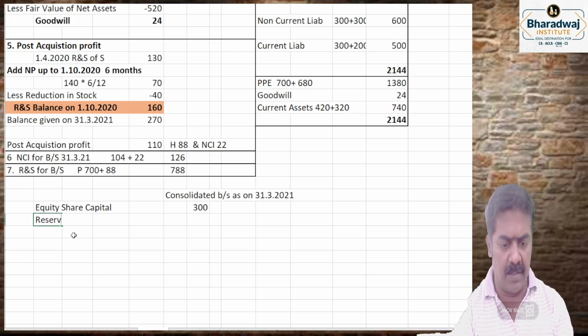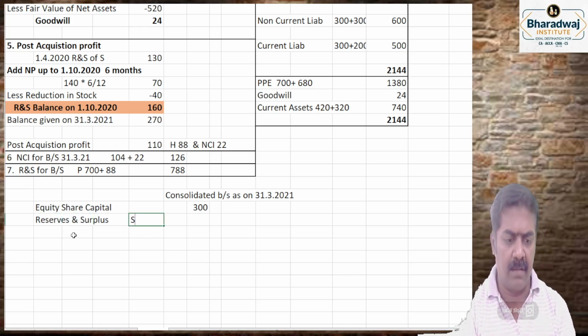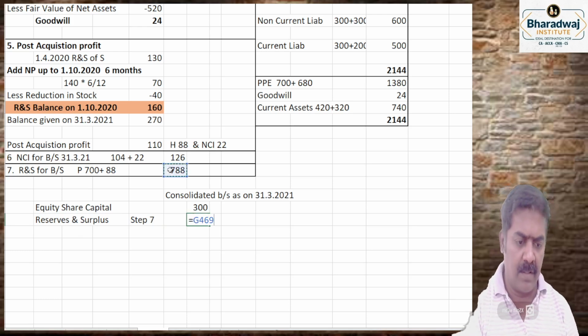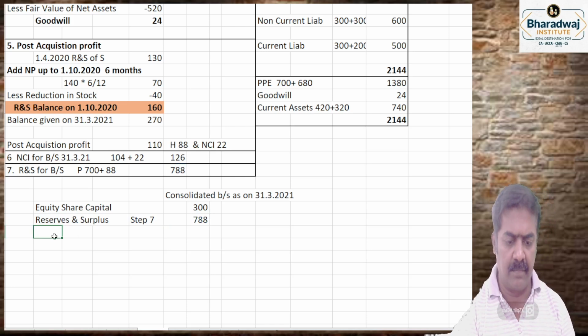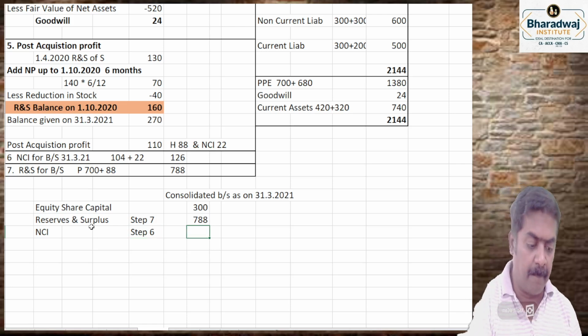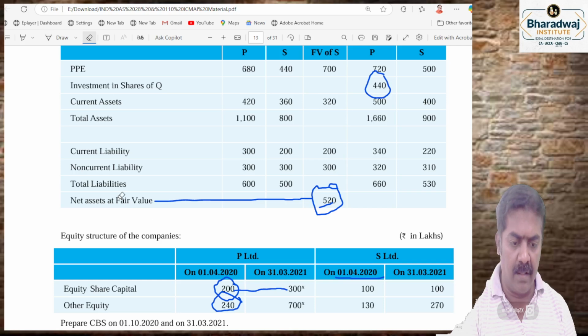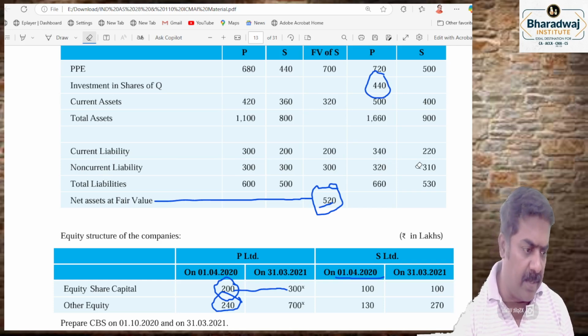Reserves and surplus. You have done. Step 7. How much? 788. NCI, Step 6. How much NCI? 126 NCI. Then non-current liability at the end of the year, 320 plus 310.